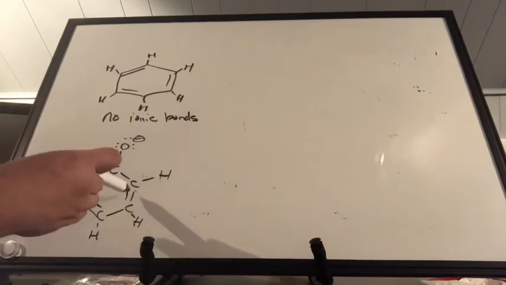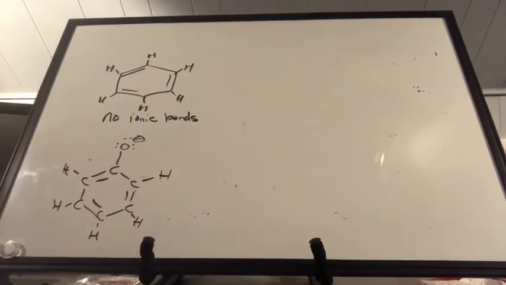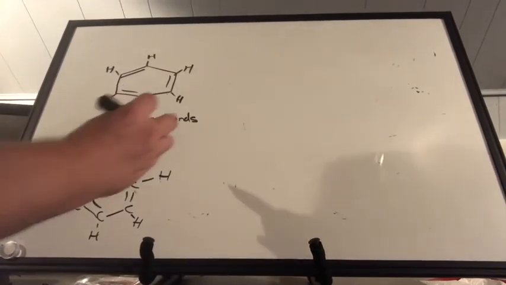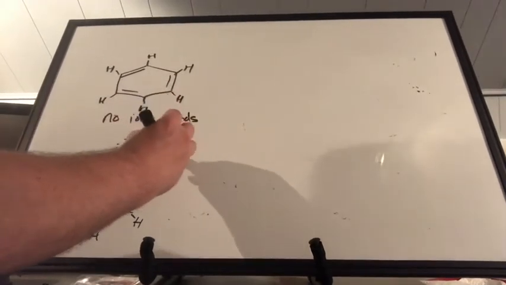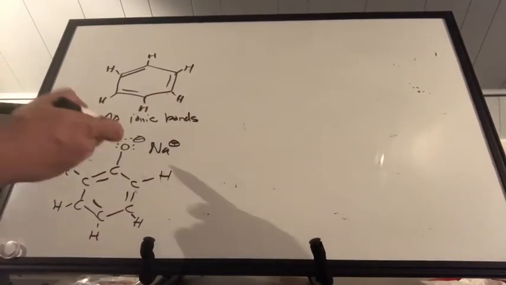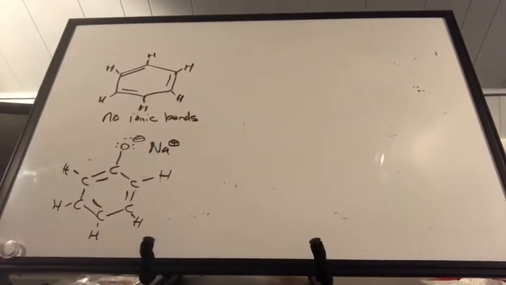Remember, you need 4 bonds around each carbon to stabilize it. So we have sodium phenoxide, so that means a sodium plus needs to be around to stabilize that negative charge. That oxygen has a full octet around it, so it's going to have a formal charge of -1 since it's only going to be singly bound.